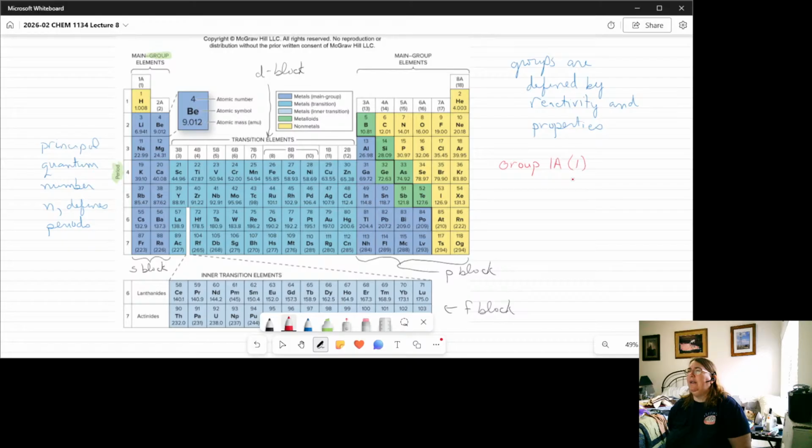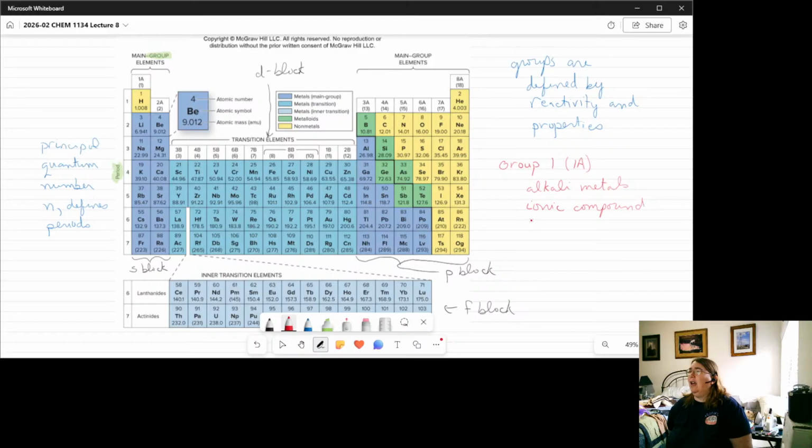So group 1A or group 1, old nomenclature, new nomenclature. Let me flip this and call it group 1 and 1A. So new, group 1, old, 1A. These are called the alkali metals. And that's because originally they were discovered via base. And they have very basic properties, which is, again, a term you don't understand yet, but we will get to. And these generally form ionic compounds when they react.